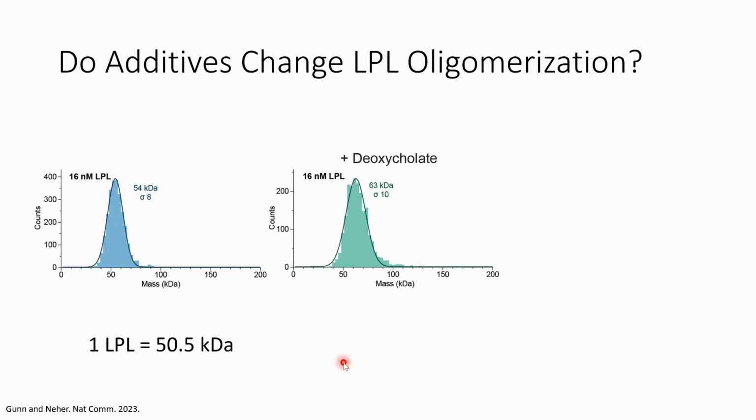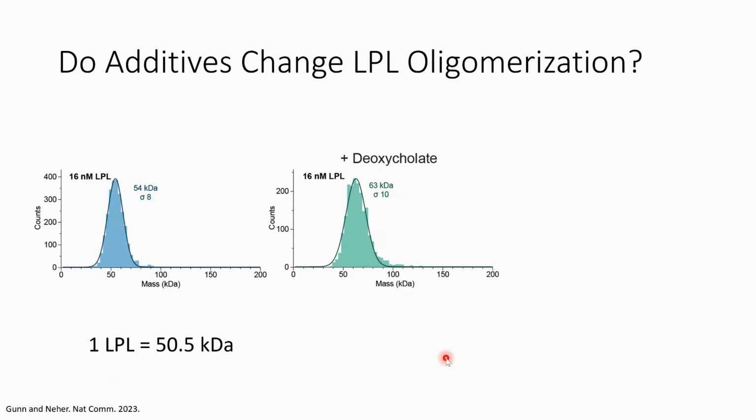I found that when I mixed LPL with deoxycholate, it was still creating a single molecular weight peak, but it was closer in molecular weight to a monomer than to a dimer. There is a slight change here from 54 to 63 kilodaltons, which we believe might be from the association with the deoxycholate itself, changing the molecular weight.